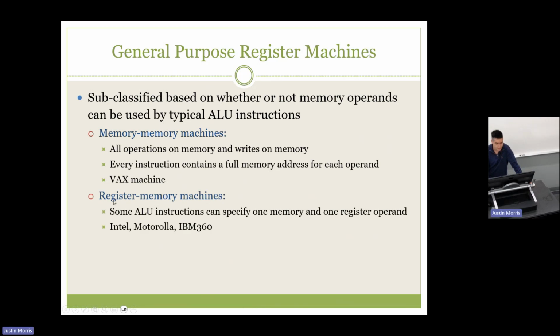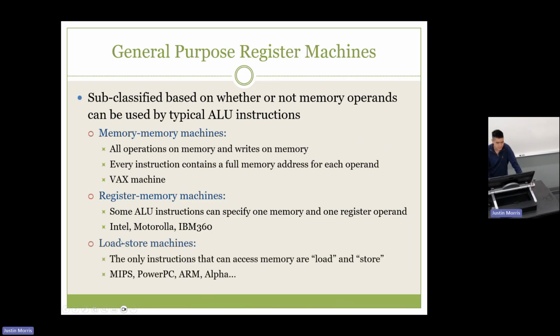And then here, register memory machines. Some ALU instructions can specify one memory and one register operand. And then we have load store machines. This load store machine is the class of general purpose register machines that MIPS is. The only instructions that can access memory are load and store.